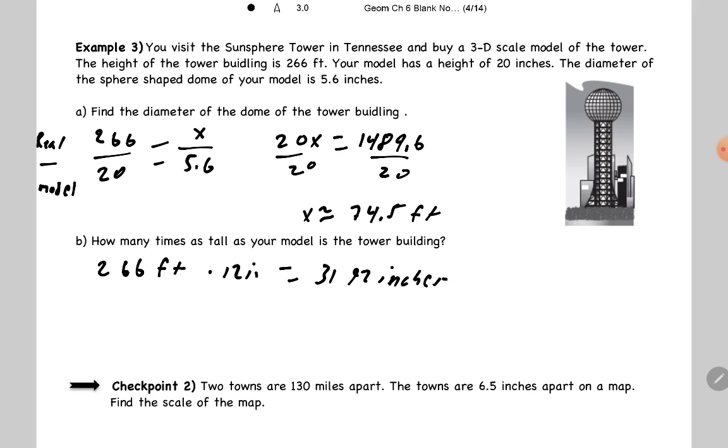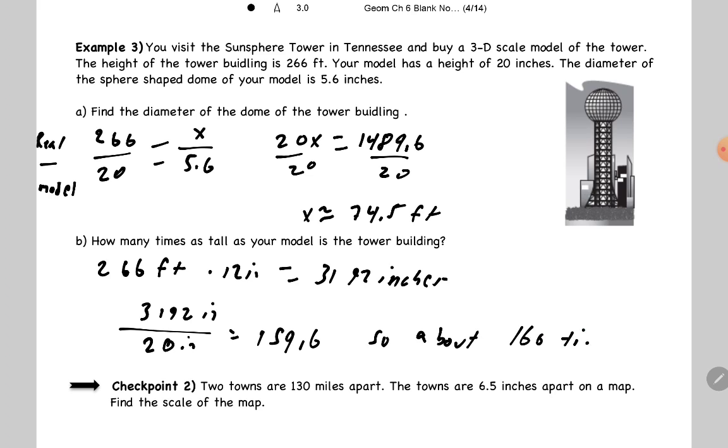I'm going to take that 3,192 inches and divide it by our little model, which is 20 inches. And we'll get 159.6, so about 160 times bigger. The real thing is 160 times bigger.